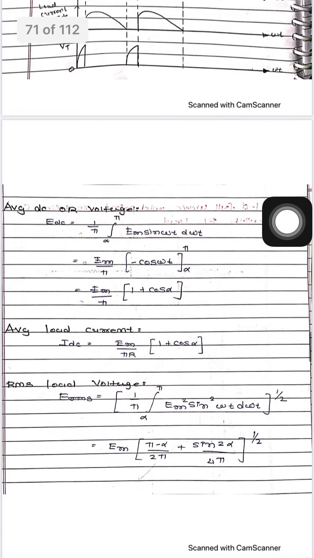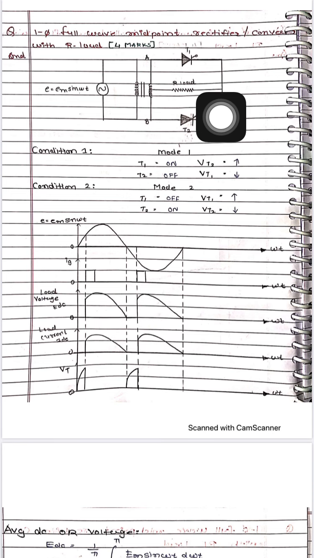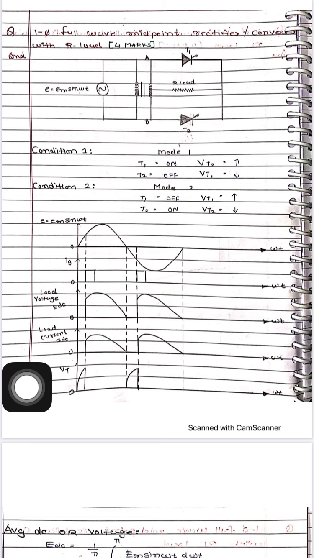On the same waveform, the difference is that at the zero point, due to the inductive effect, some of the energy which is stored is released during the negative cycle.